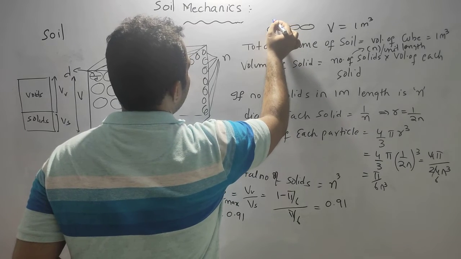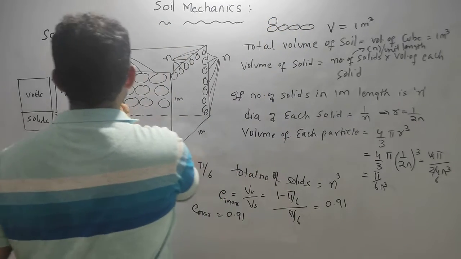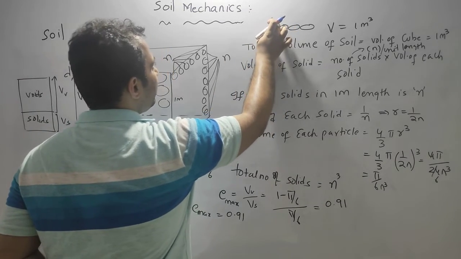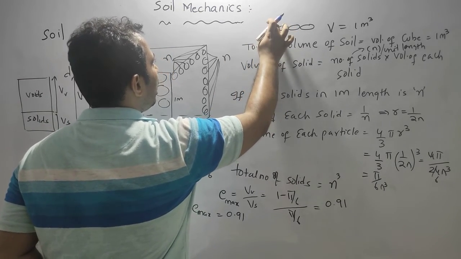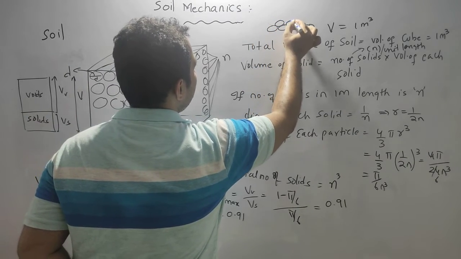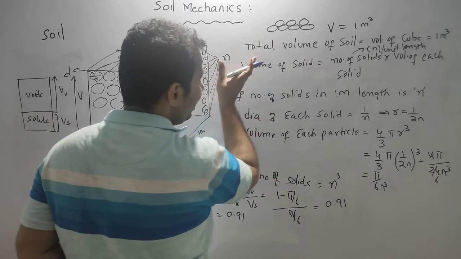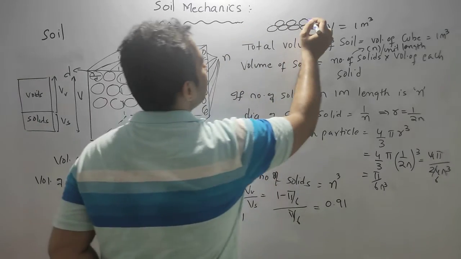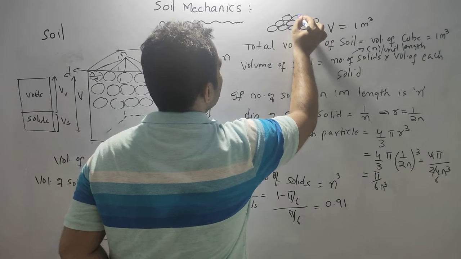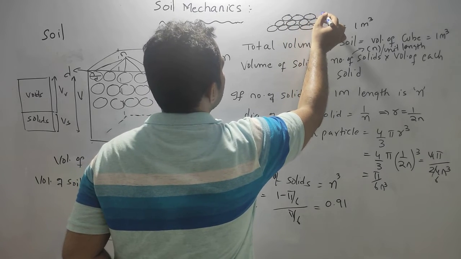Earlier I was keeping the next one exactly on top, but in the modified arrangement I won't keep it like that. I will keep it with some inclination, so that the void sizes can be reduced.